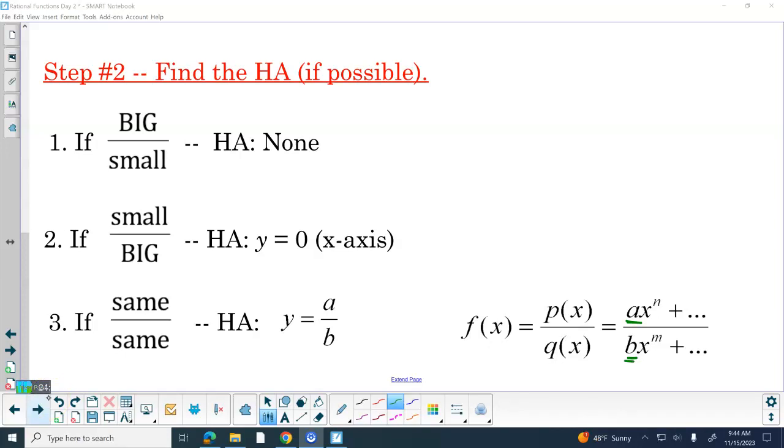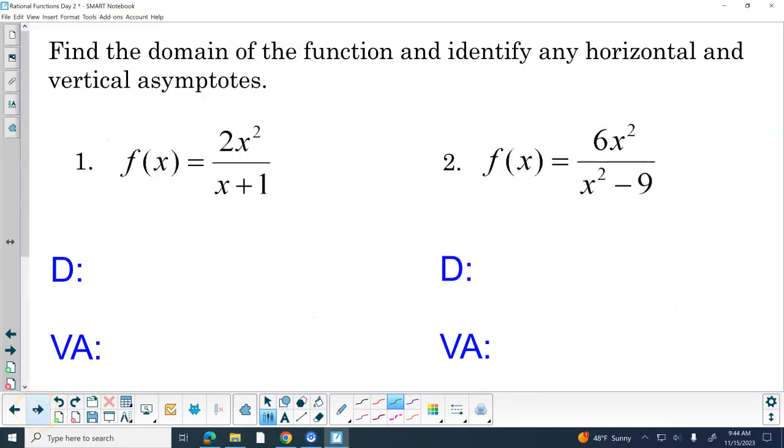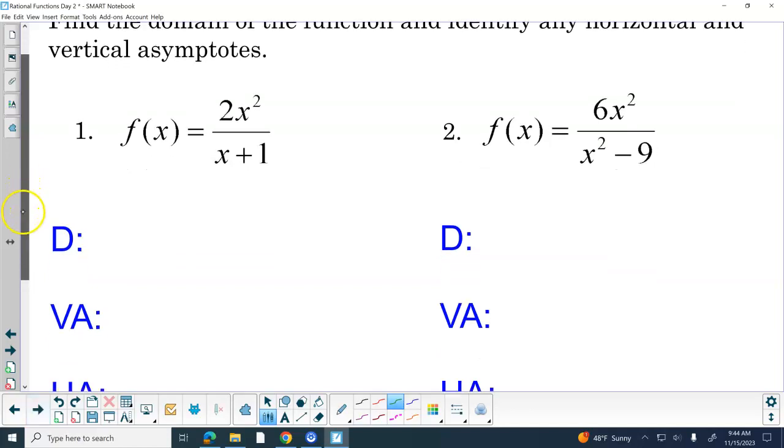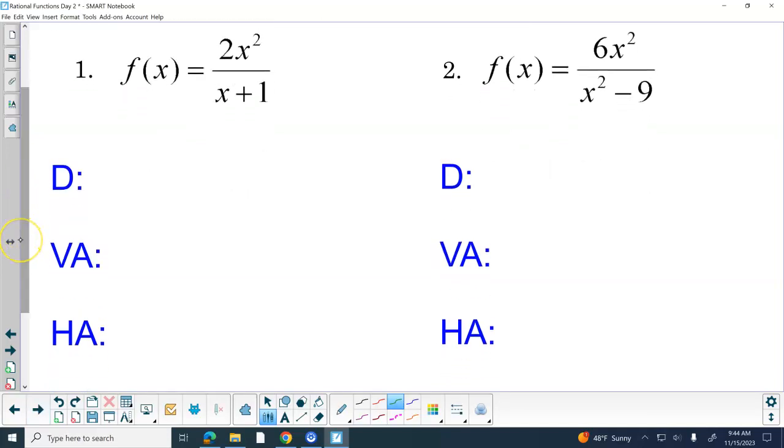Okay, so then put that supplemental note sheet off to the side again so that we can get back into some notes. So, what I would like us to do now is find the horizontal and vertical asymptotes and the domain of these two functions. First off, we can probably do the domain of this first one right in our head, right?